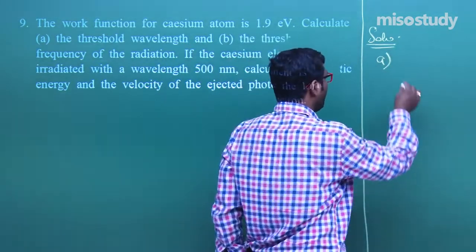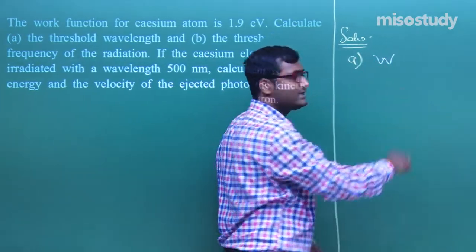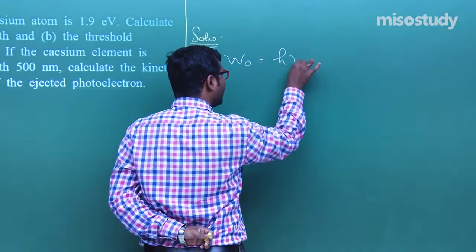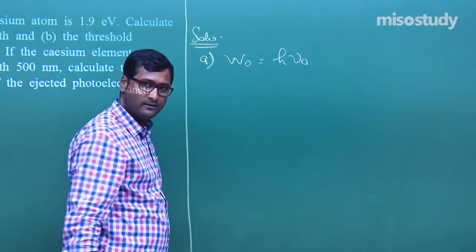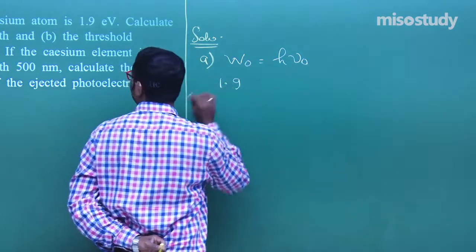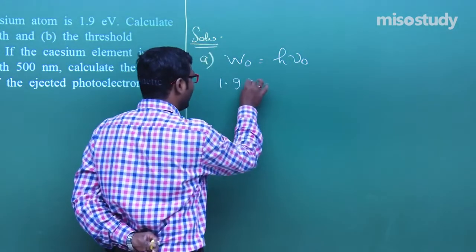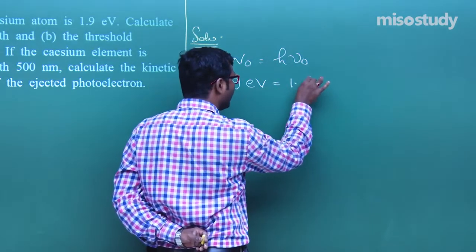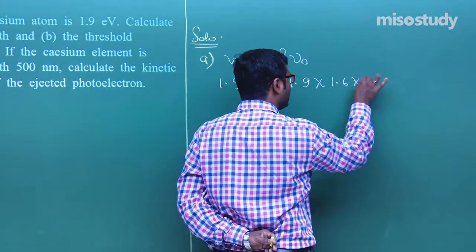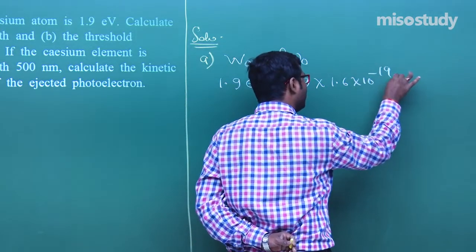What is given here? Work function, that is given W naught. W naught we people know, that is h nu naught. Now W naught is given 1.9 electron volt. 1.9 eV is equal to, we can write, 1.9 into 1.6 into 10 to the power minus 19 joule.